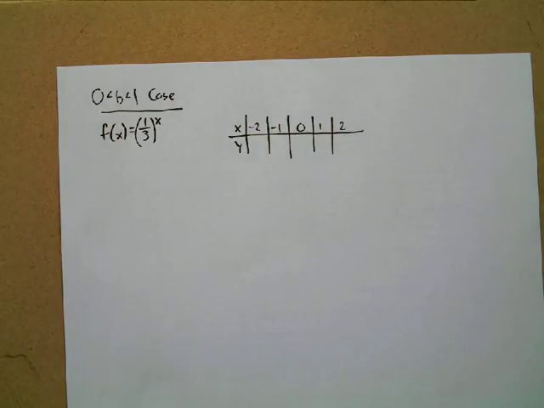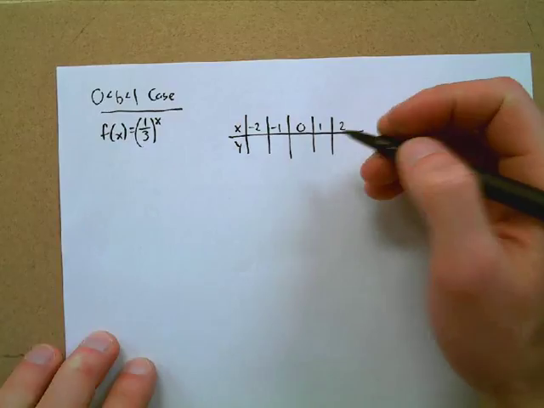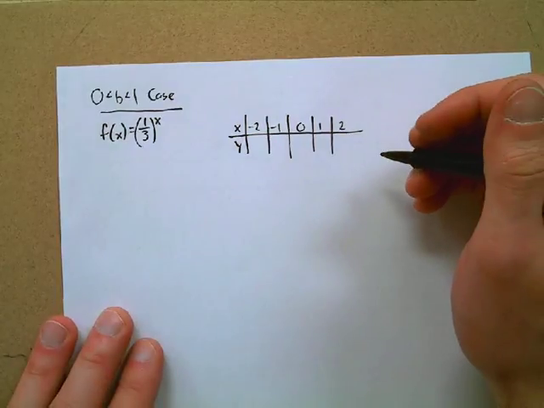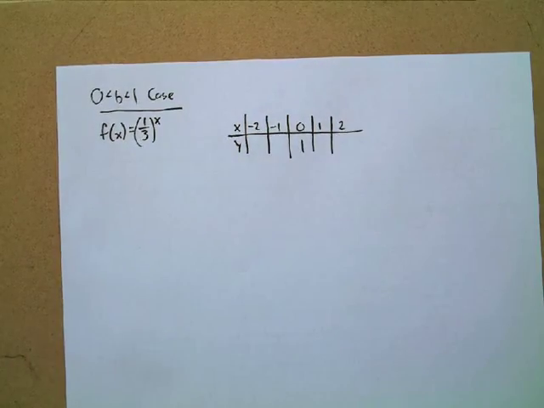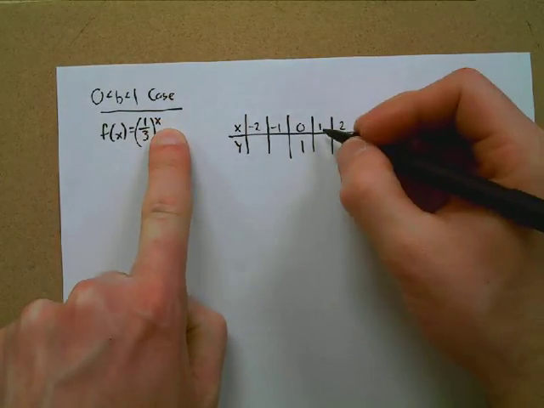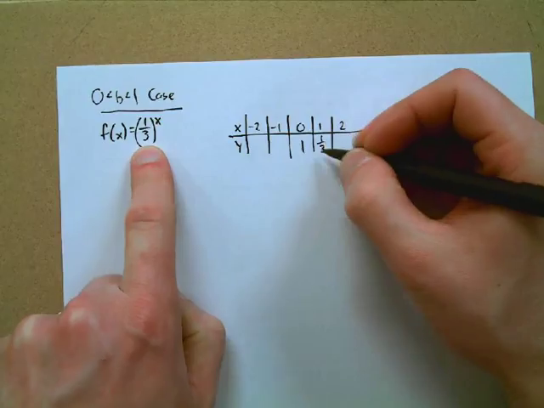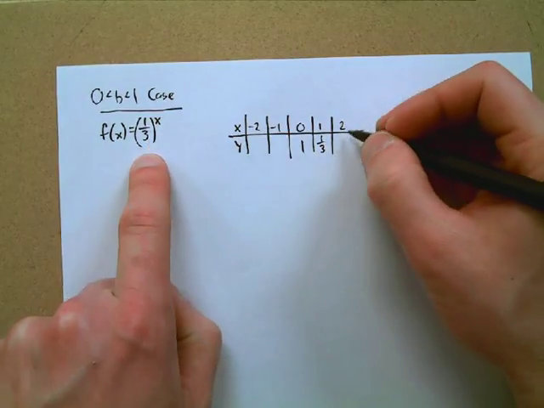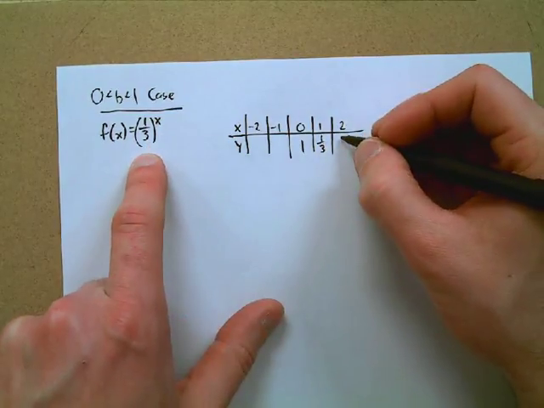All right, so again, we'll plug in 0. 1/3 to the 0 power is 1. Okay. 1/3 to the 1, 1/3, right? 1/3 squared, what's that? 1/9, right? Yeah, 1/3 times 1/3.